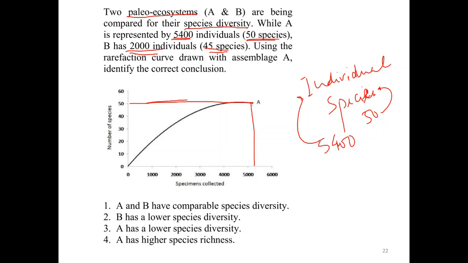So if we try to draw it, then how can it be drawn? Let us say we make this line over here, and we make a line over here, and then we draw this rarefaction curve.